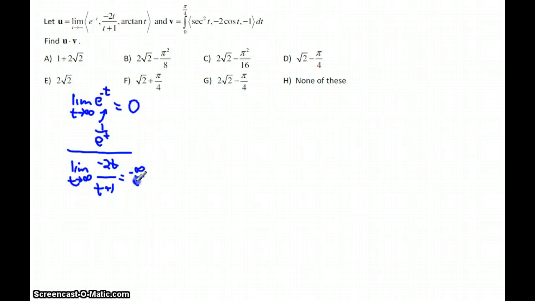And so we take the derivative of the numerator, the derivative of the denominator, and trade our limit in for that, using L'Hopital's rule. And so we get the limit as t goes to infinity of negative 2 over 1. And so the second component of u is negative 2.